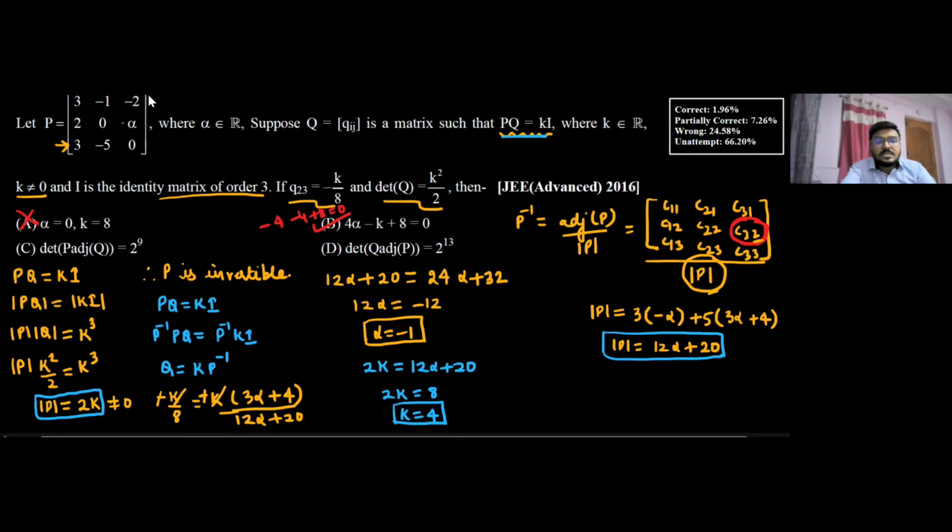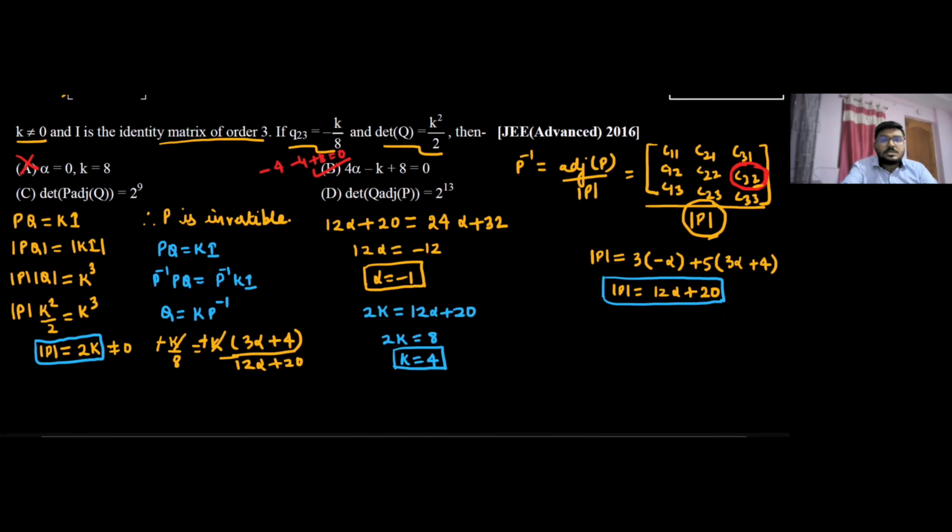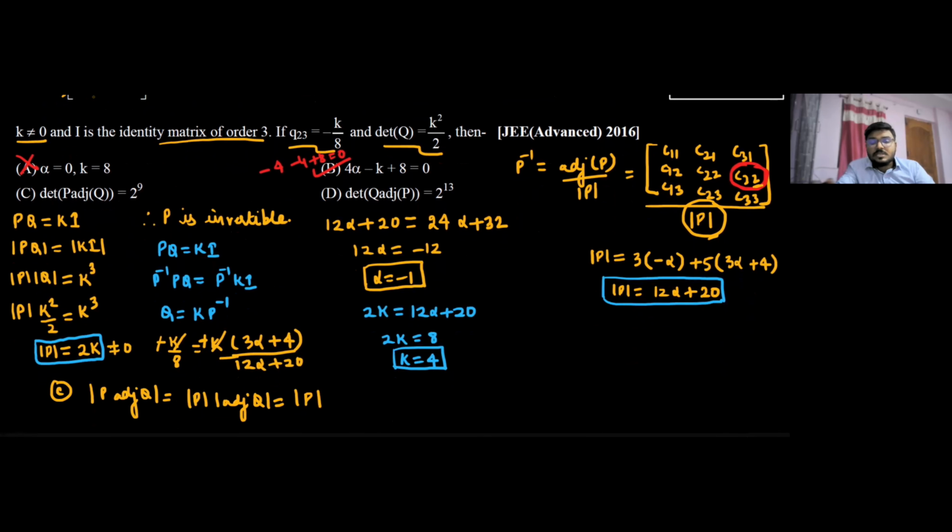So coming to option C, it is determinant of P into adjoint Q. So this will be equal to determinant P into determinant of adjoint Q, which is further equal to determinant P and determinant adjoint Q. Since Q is a matrix of order 3, so it will be equal to determinant Q power 3 minus 1, which is 2.